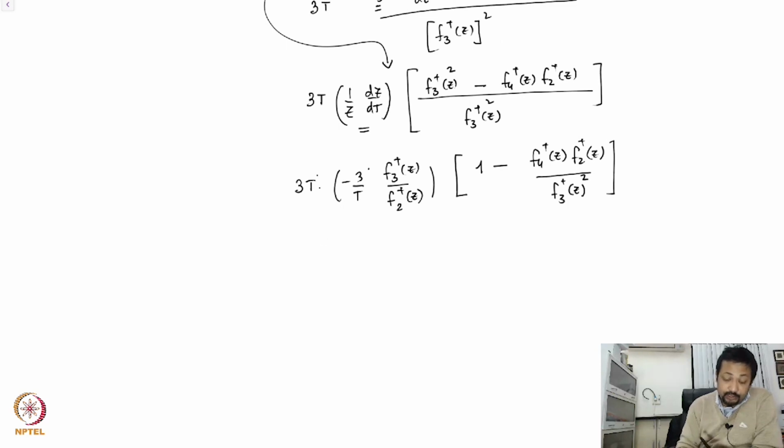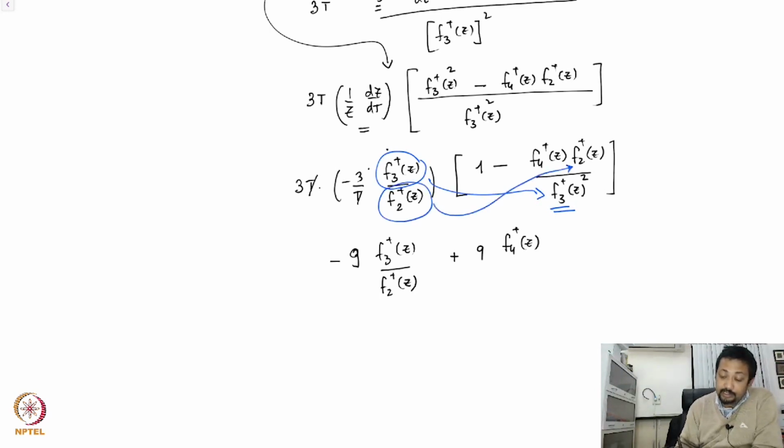So that this expression t gets cancelled out, and the first term you see is minus 9 f3+(z) divided by f2+(z). The second expression is plus 9 f4+(z), and you see that this factor of f3+ now cancels one factor of f3+ from the denominator, and the f2+ completely cancels the f2+ over here, so that you have f3+(z).